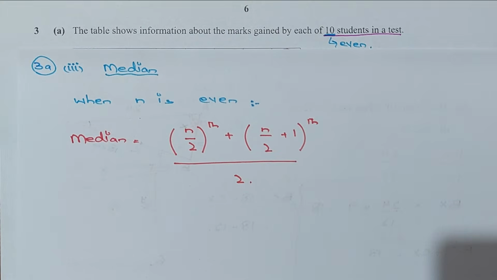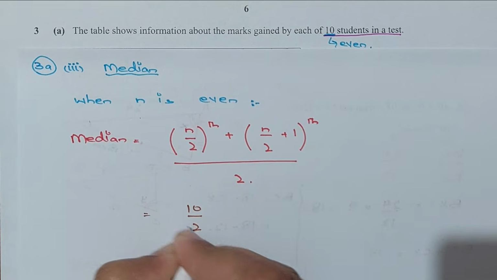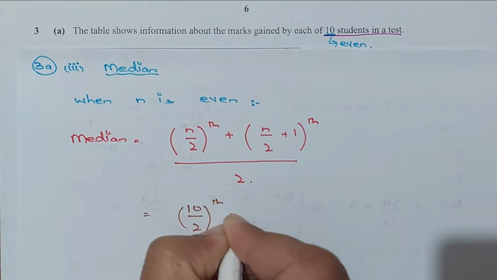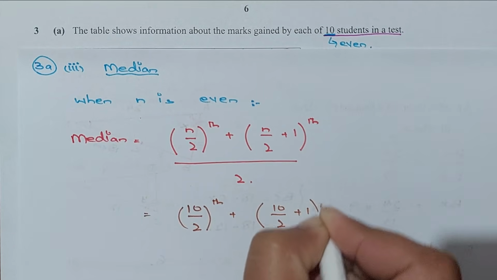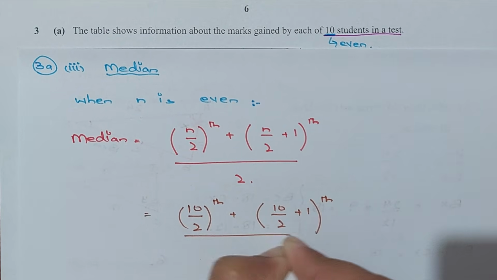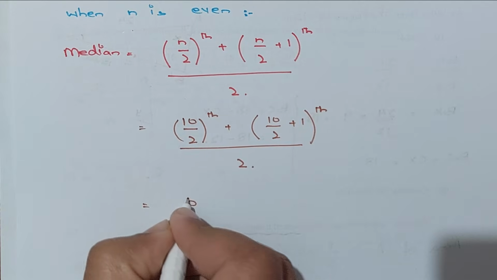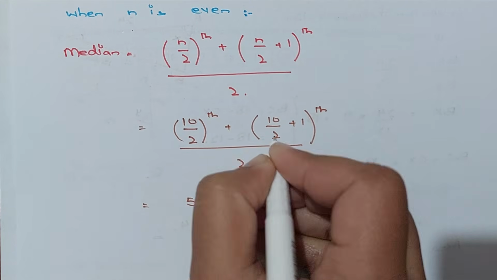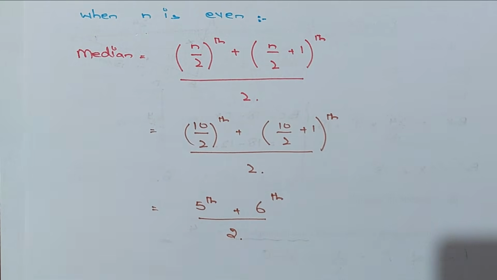Now the n value we have been given is 10. So 10 by 2 plus 10 by 2 plus 1, divided by 2. So this is the fifth term, and this is the fifth plus 1, the sixth term, divided by 2.